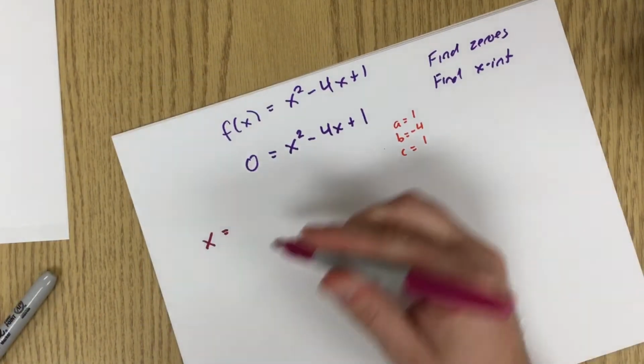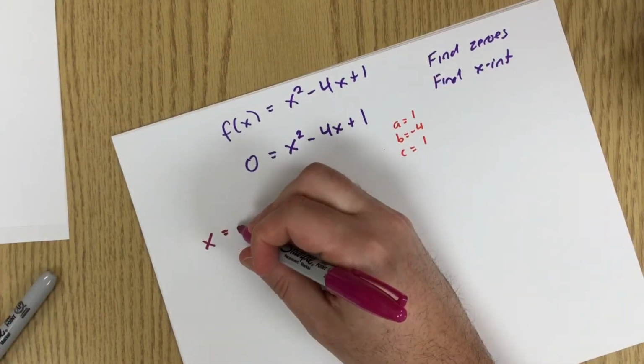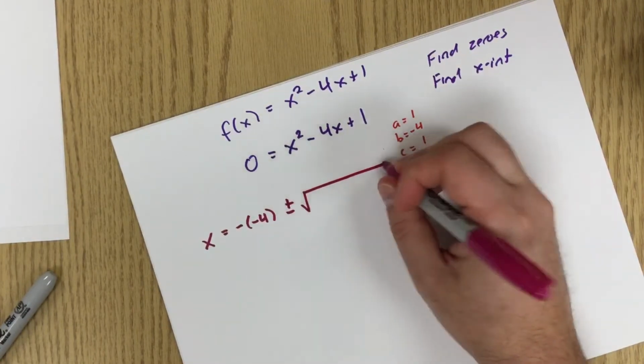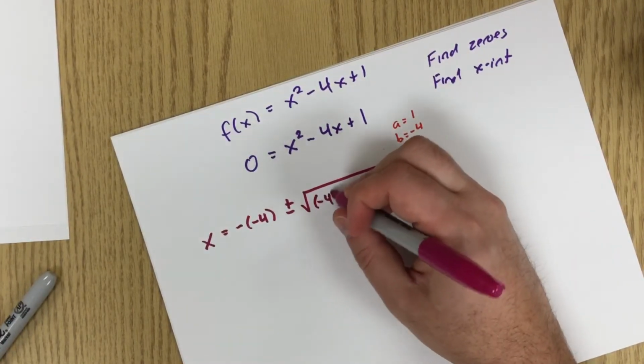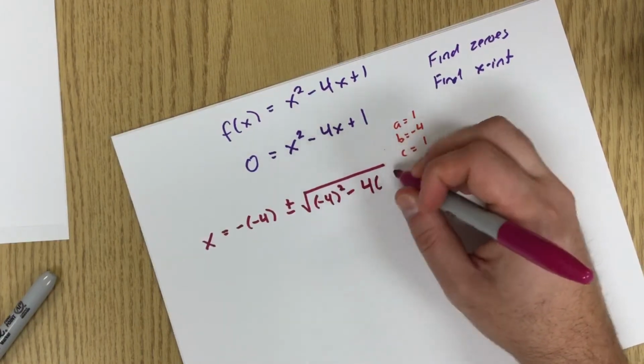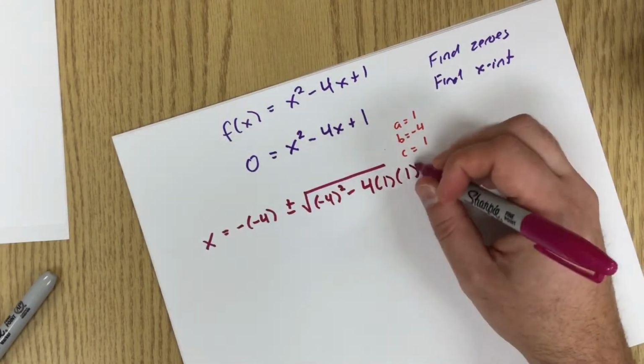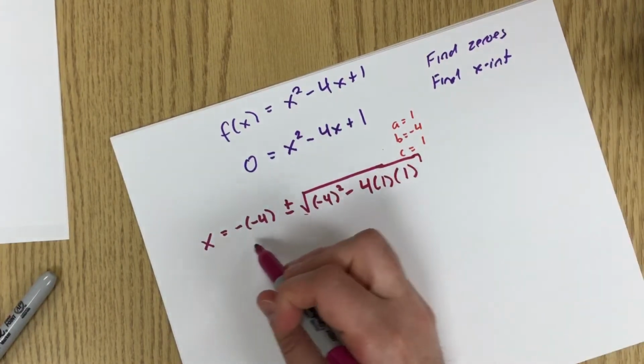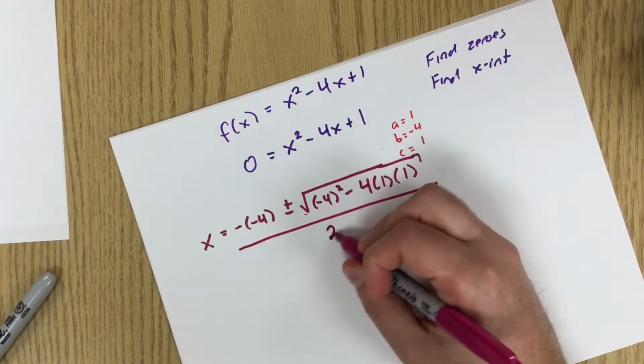Plugging things in, x is minus b, which is minus -4, plus or minus the square root of b squared minus 4 times a times c, extending the square root to cover the whole thing, over 2 times 1.